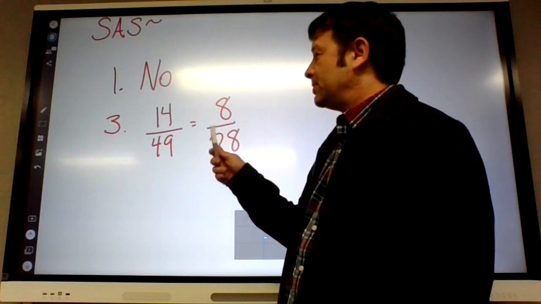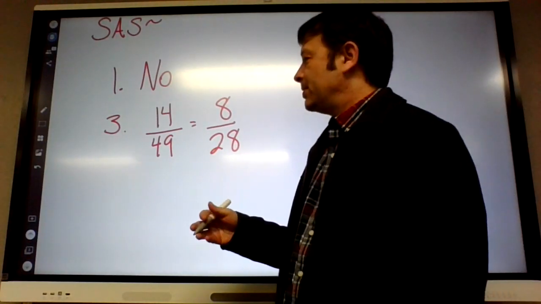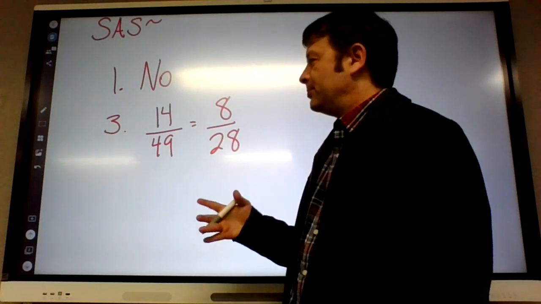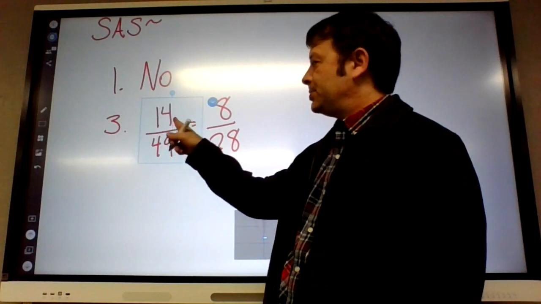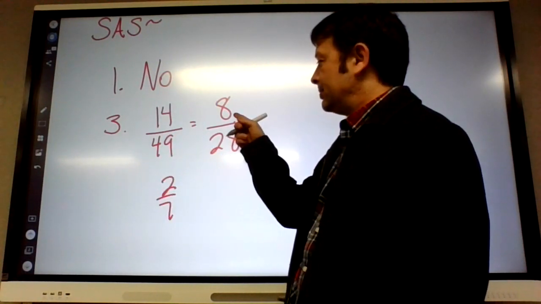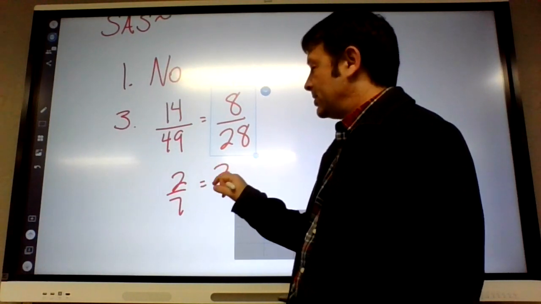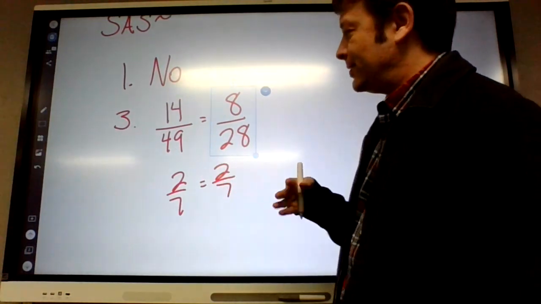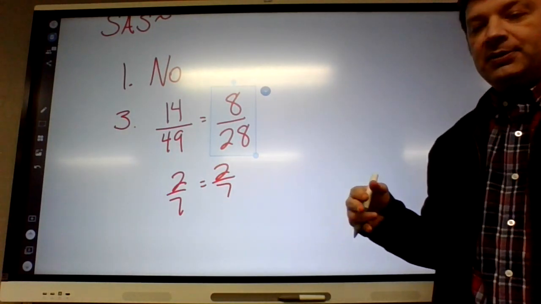How can we tell? You could cross multiply. Another way: divide them, reduce them. If I divide them both by 7, this would be 2 sevenths. If I divide these by 4, that would be 2 sevenths. So the similarity ratio, remember that word, is 2 to 7.